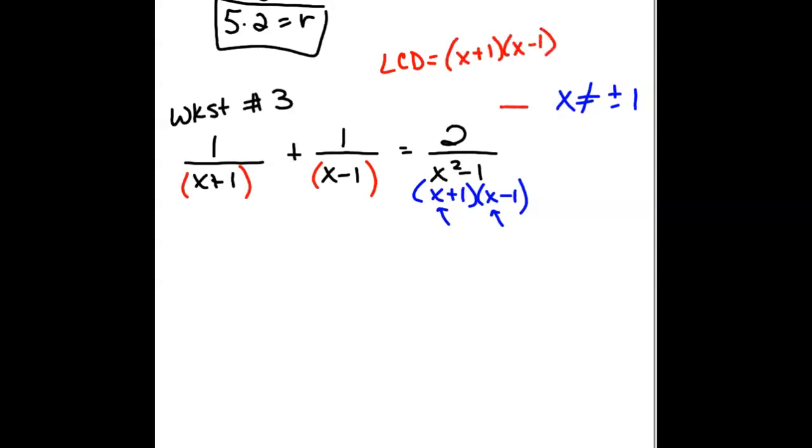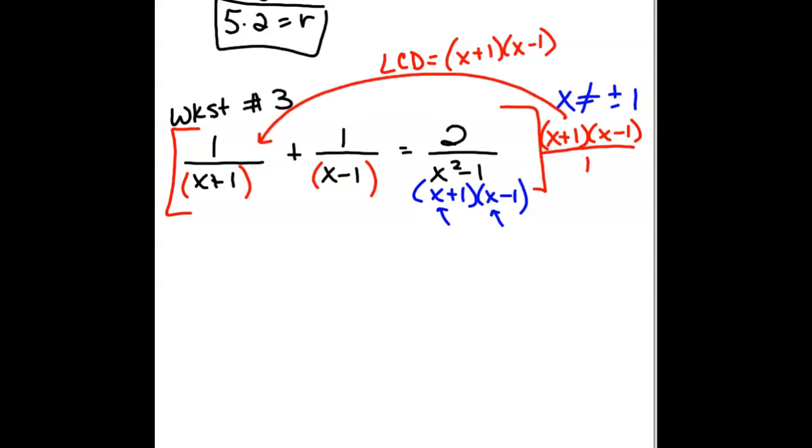So when I multiply this whole thing by both of those, when I distribute it to the first one, the x plus 1s should drop out. So we have 1 times the x minus 1, which just gets me x minus 1.